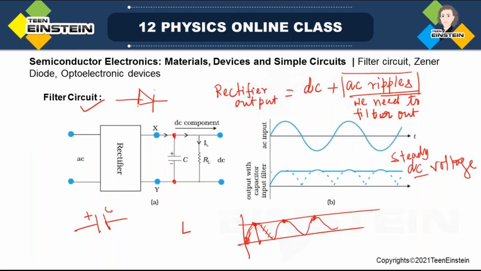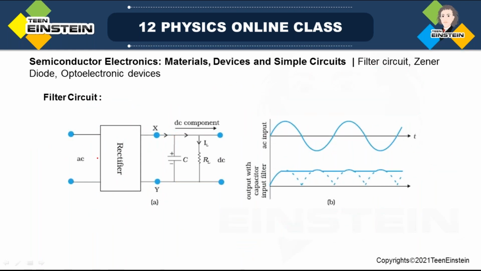Look here maybe. So see, when the AC input is fluctuating, then the output here also fluctuates.